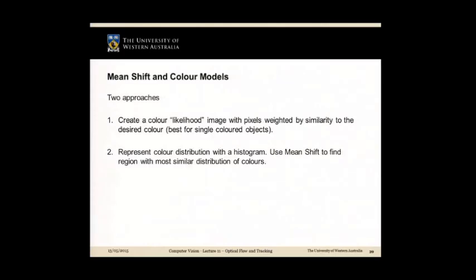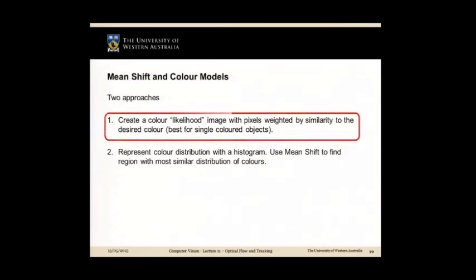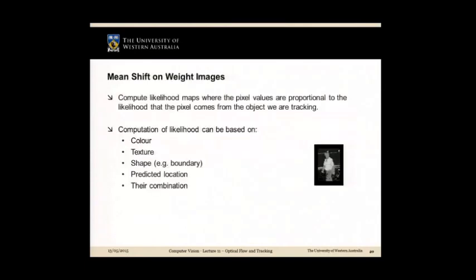Another is to represent the color distribution with a histogram and use mean shift to find the region with the most similar distribution of colors. We'll discuss the first technique, where we use the color information when you have an object with one particular color.